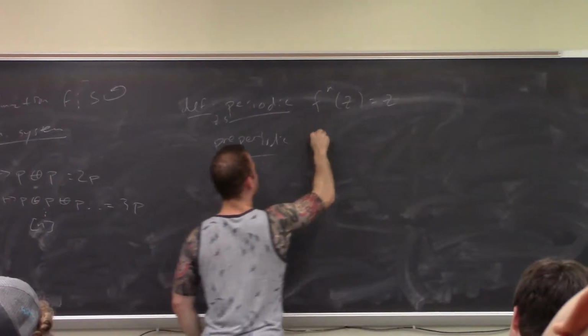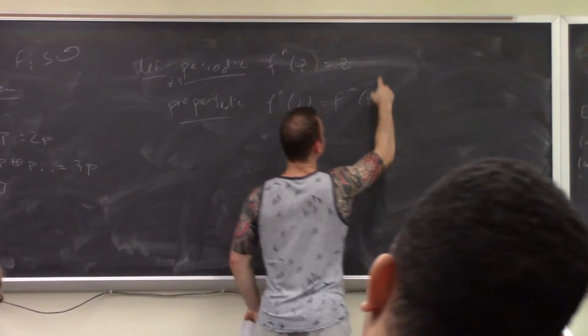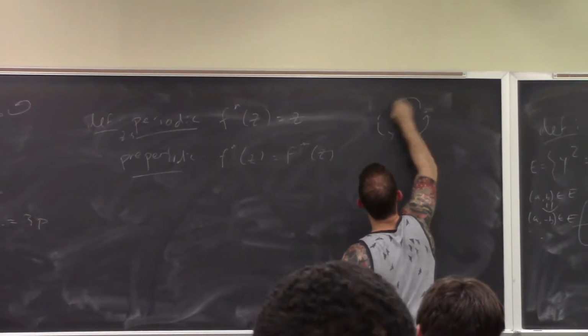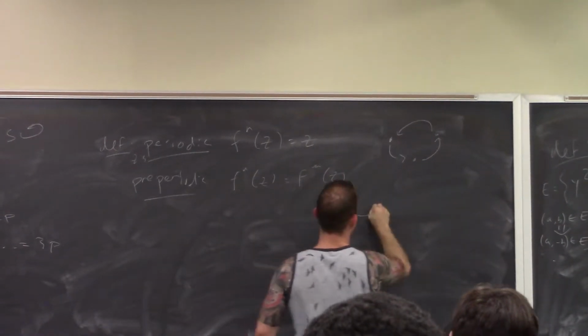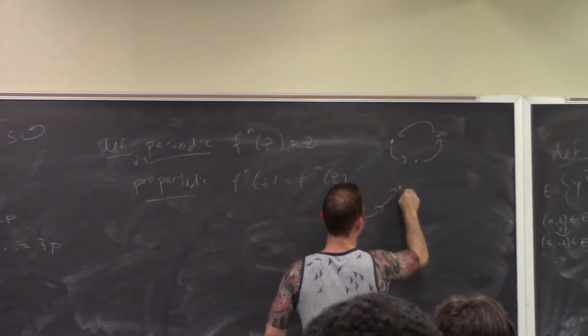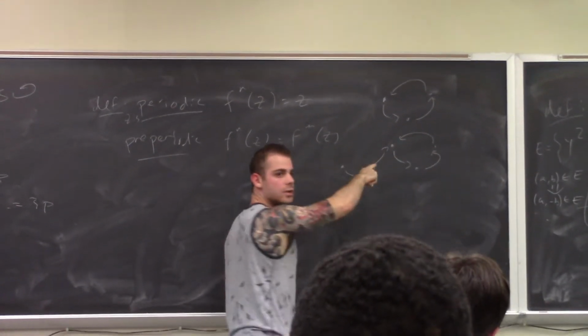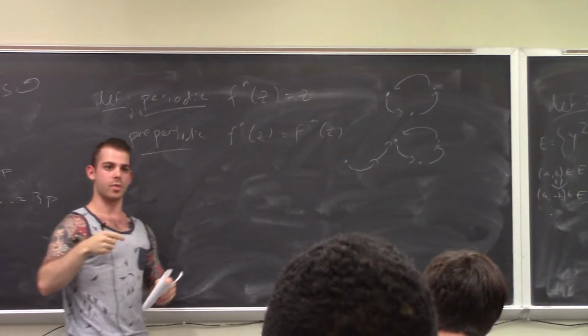And this is saying that f to the n equals f to the m, right? So this picture looks like this, where we're going in a cycle. What this picture looks like is you go here and then you end up in a cycle, so there's like a tail. So you might have to iterate a few times before you get something that is periodic, right?